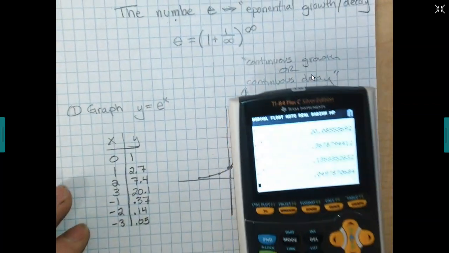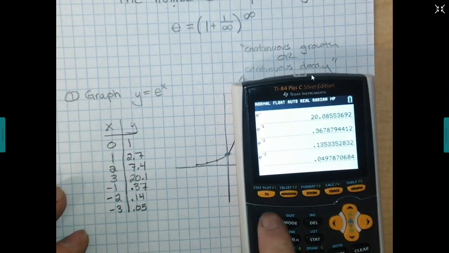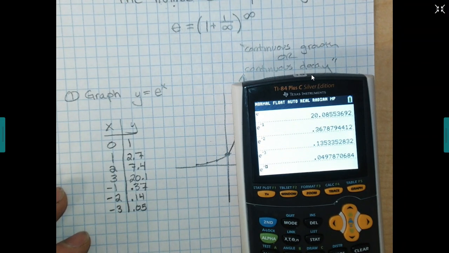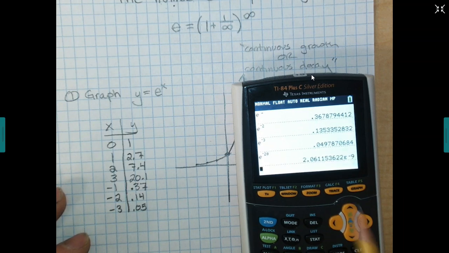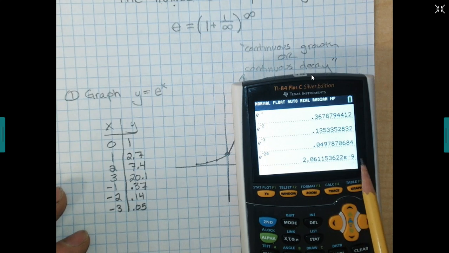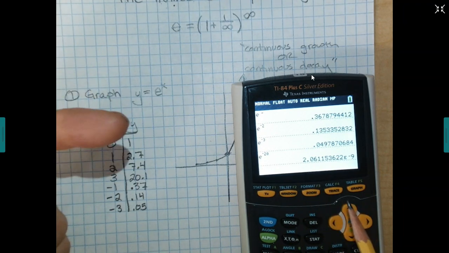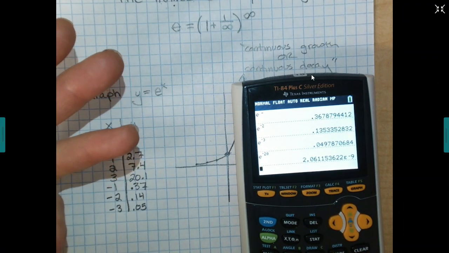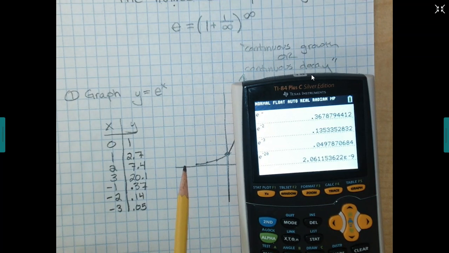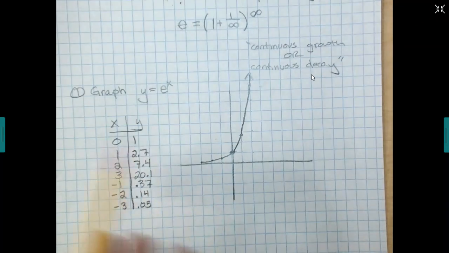Now, the crazy thing with exponential is no matter what I put in here, e to the negative 20th, I get a number in scientific notation, e to the negative 9, 0.00000000002. That is as close to this line as you can get. So exponential growth gets as close to 0 as can be, but it never actually touches 0. Isn't that crazy? It never touches 0.